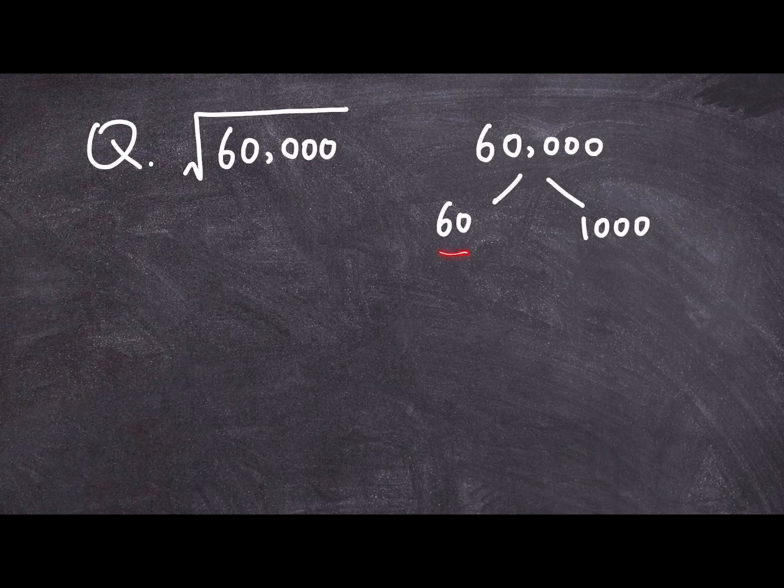Now neither of these two numbers are prime numbers, so I'm not gonna circle, and I'm gonna keep breaking them down. 60 is equal to 6 times 10. 6 is equal to 2 times 3, and 2 and 3 are prime numbers, so I'm going to circle them.